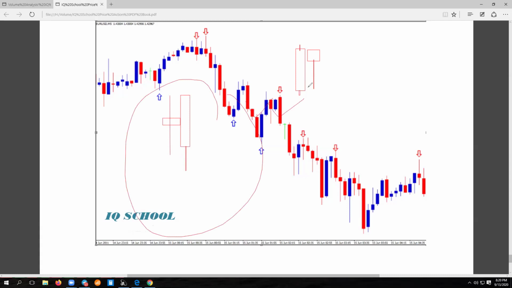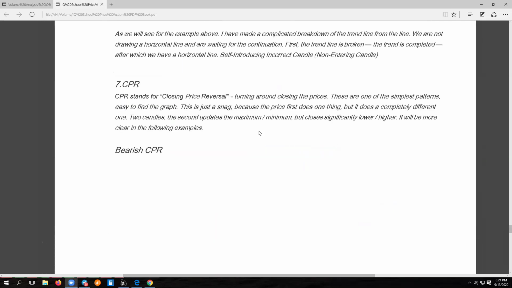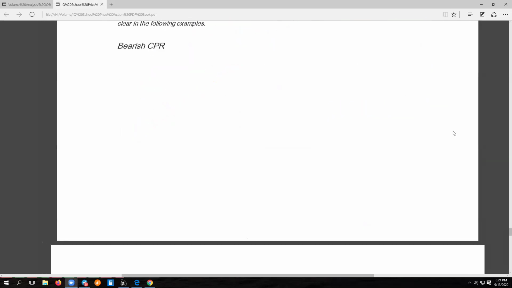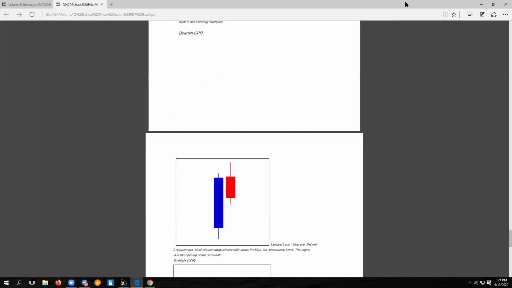So it gives the indication that the market will change direction. Understand?